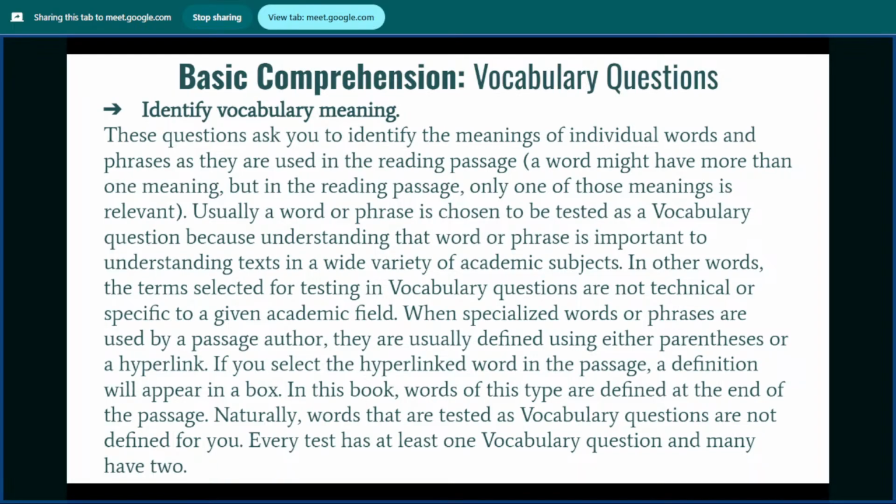Okay, so basically the word which has been given over here, you have to understand in which context it is being used, because you know that English words, the way they are used in the context, the meaning changes. Yes, ma'am. Correct. For example, the word subject, which you can see on the screen, if you use it as a subject, it means the topic that you're studying, correct? That subject.